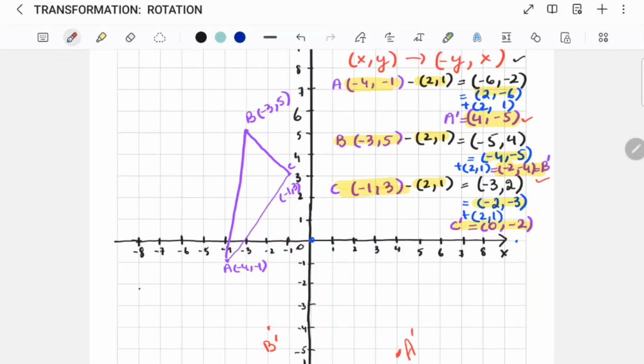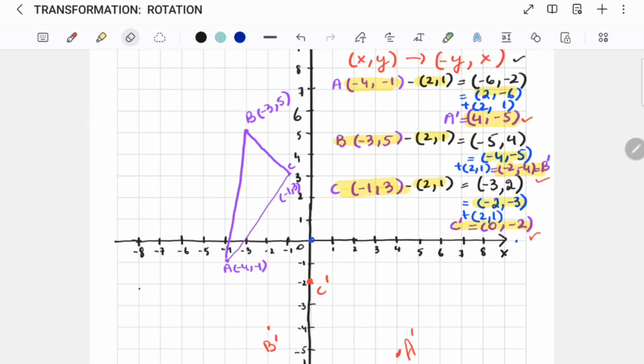Now the next one is 0 and minus 2. So 0 and minus 2 is coming here. Let's try this one as well. Coming to the center, and then this is your answer. So this is 90 degrees. All right, just check again.